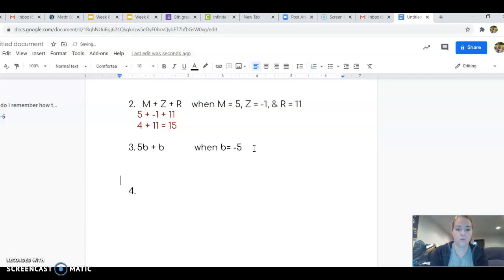Okay, and number 4, -6y when y equals -11. Pause it here, try 3 and 4 on your own, see if you can get them before I go through the answers. And then let's see how you did.